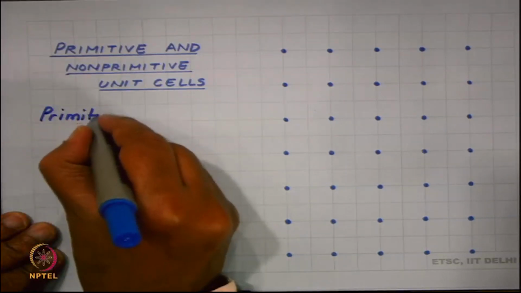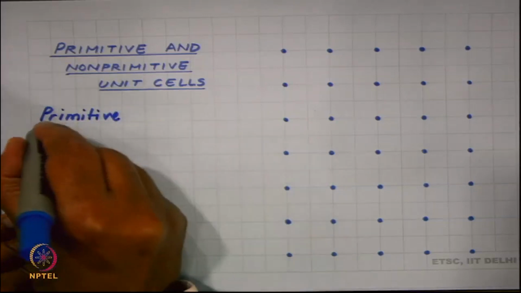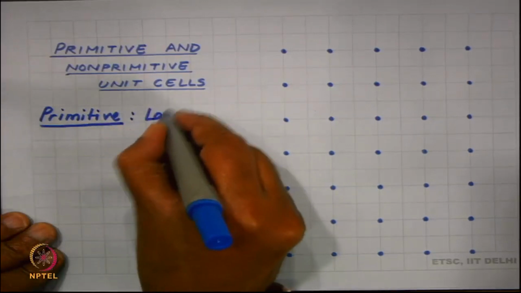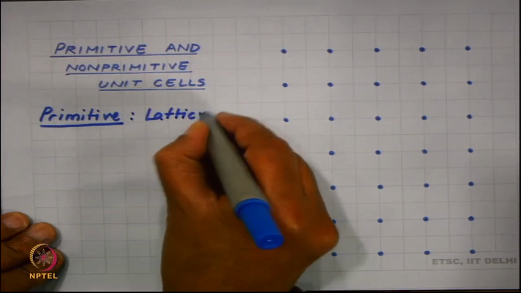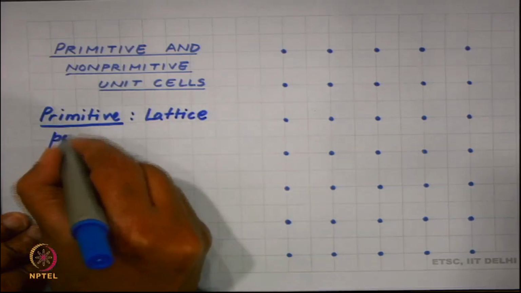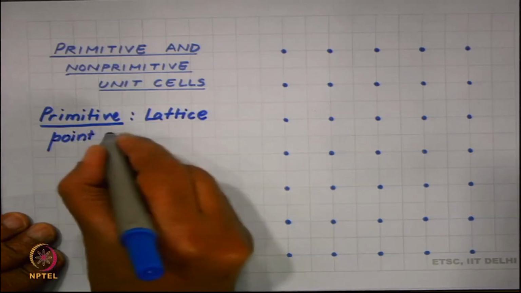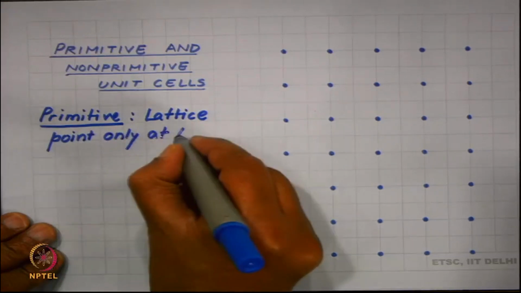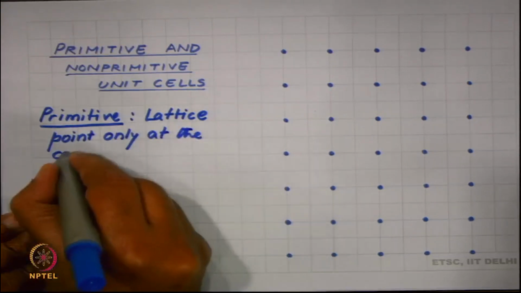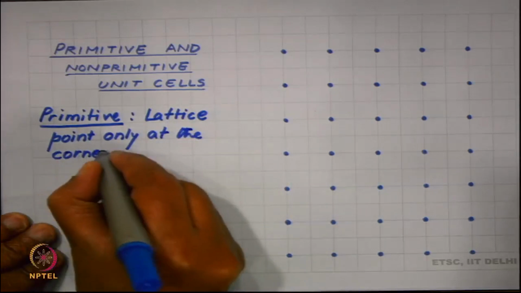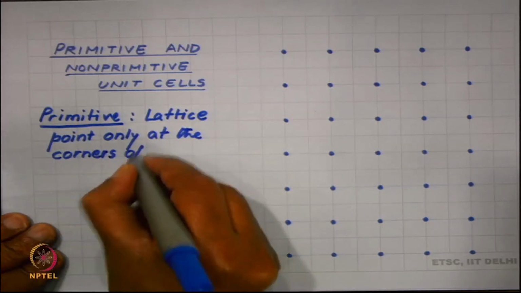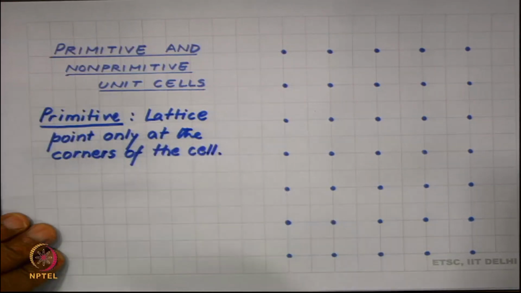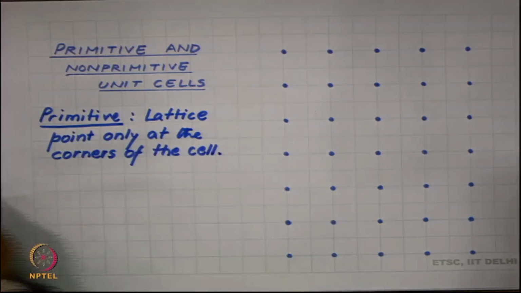A primitive unit cell will have lattice points only at the corners of the cell.